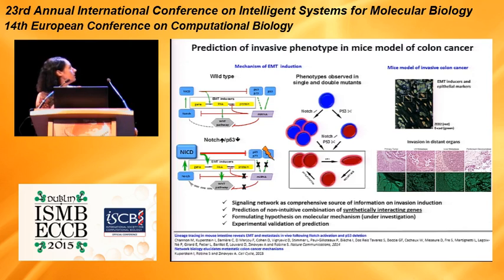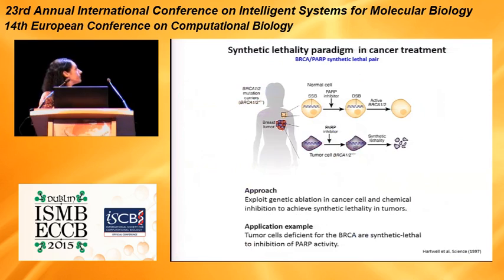When P53 is downregulated and NICD is upregulated, these are the only conditions that will permit induction of the process responsible for metastasis. And then we suggested a mechanistic explanation of that, and this hypothesis has been validated in mice that show very early metastasis in a distant organ, which originates, of course, from colon.